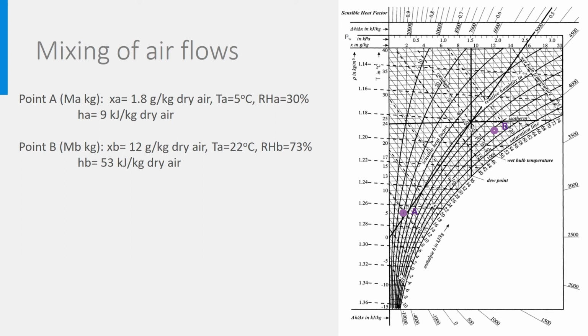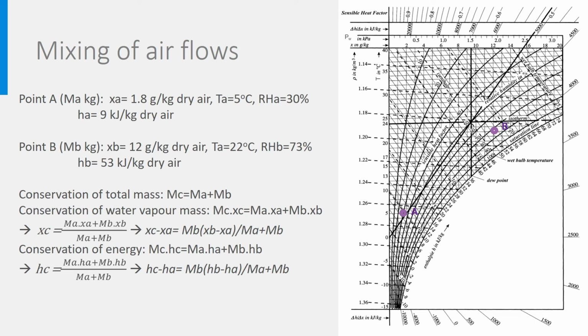Imagine we want to mix a quantity MA in kilogram dry air of air in conditions A with a quantity MB of air at conditions B. What are the final conditions, point C, of the air? This can be found by looking at the mass and energy balances. Conservation of mass gives MC is MA plus MB.